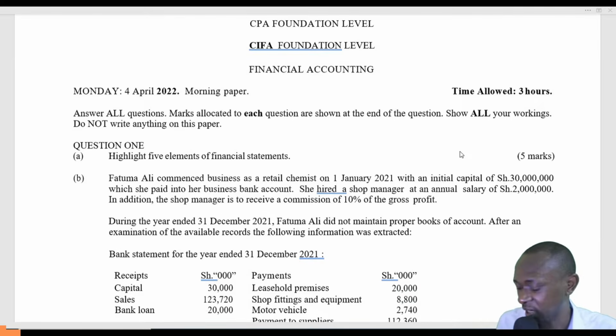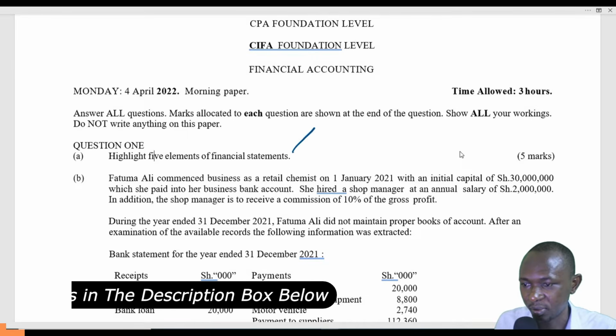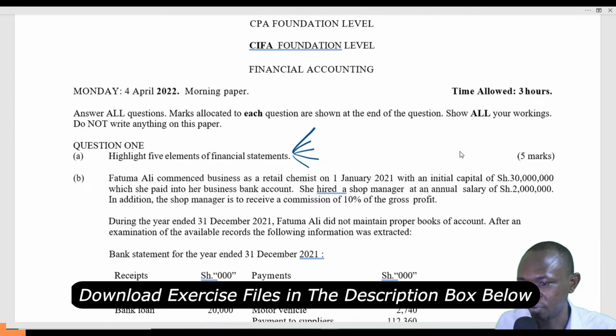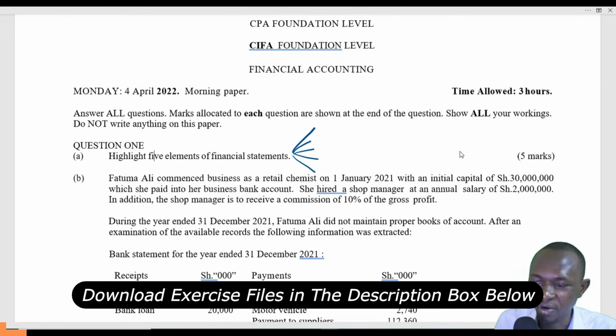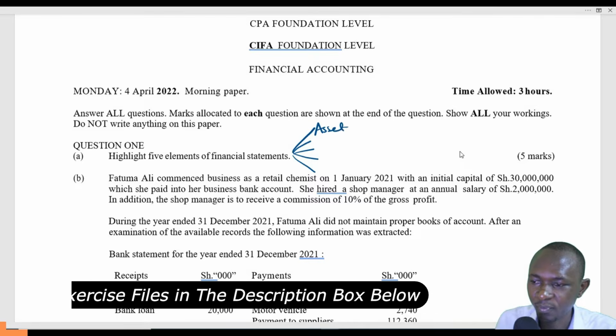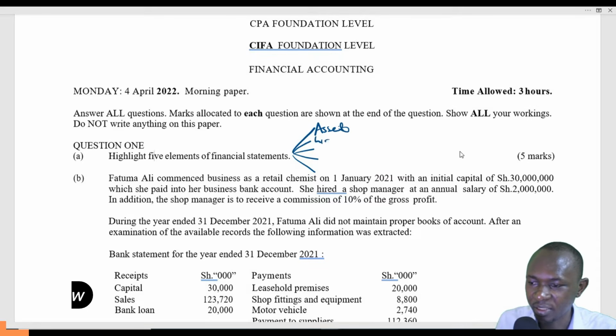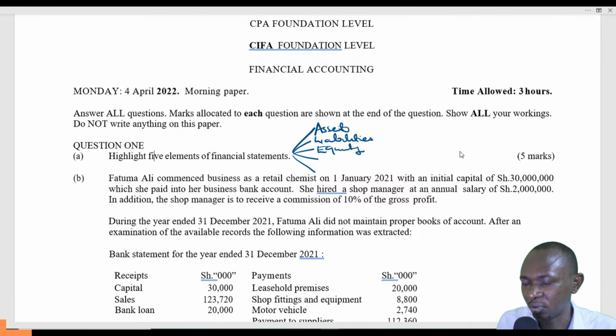Now the elements of financial statements, I'm not going to spend a lot of time on this, but the elements of financial statements are things that we've been discussing before for so long. We have assets, we have liabilities, and you might also want to have equity, because today we normally differentiate between liabilities and equity.